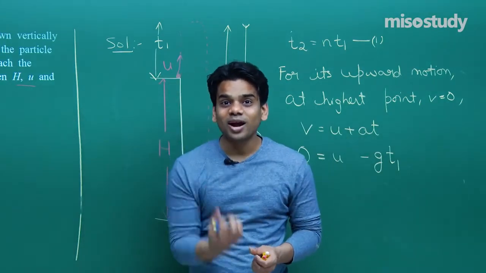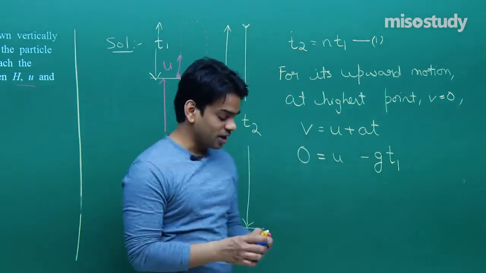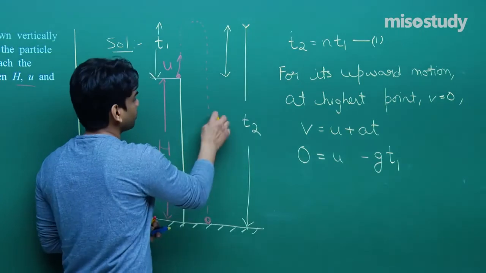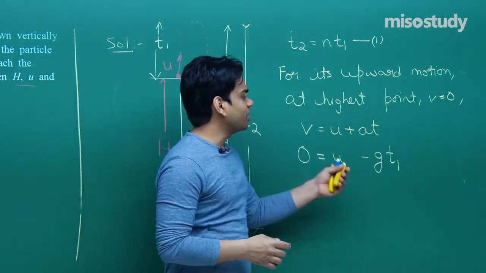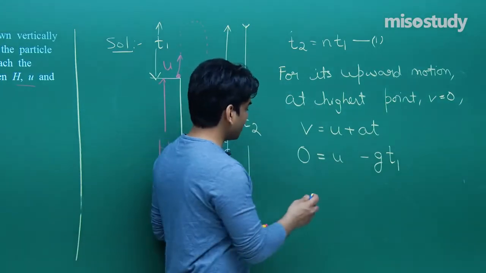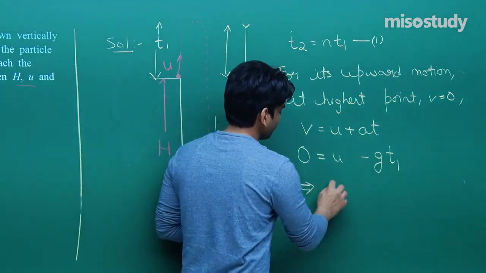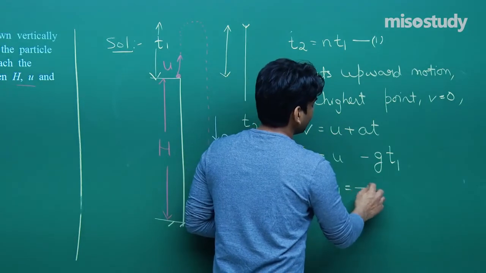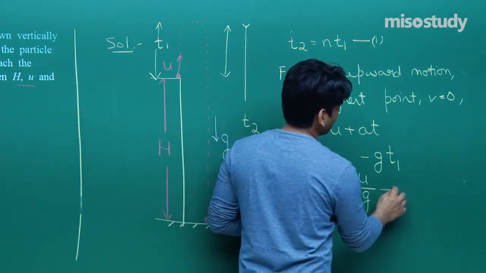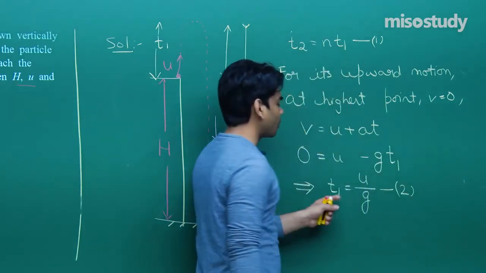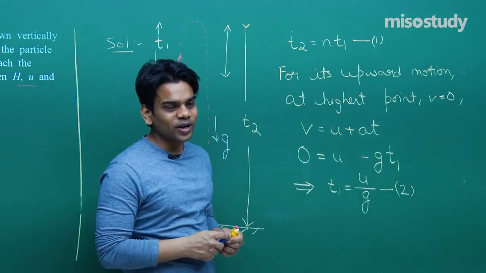Because acceleration due to gravity is acting in the downward direction, so use minus g as per shown here. g will be acting in the downward direction. Now from here, t1 will be equal to u by g, so let me write t1 is equal to u by g, and let me say that this is equation number 2. So we obtained the value of t1 in terms of u and g.